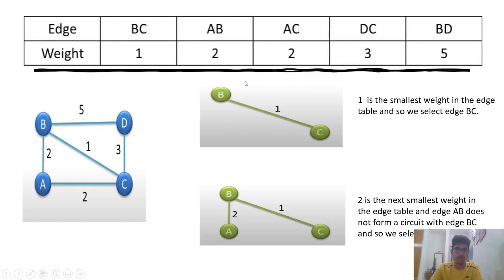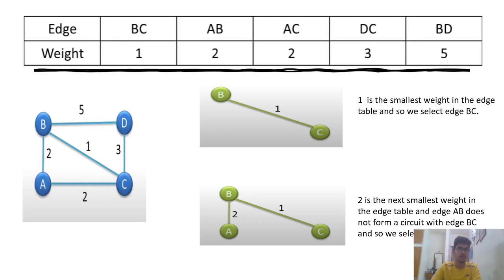So now we'll make our minimum spanning tree. The edge BC with the weight 1 is the smallest, and so we first select our edge BC, and then 2 is the next smallest weight in the edge table, and edge AB does not form a circuit with edge BC, so we select edge AB.